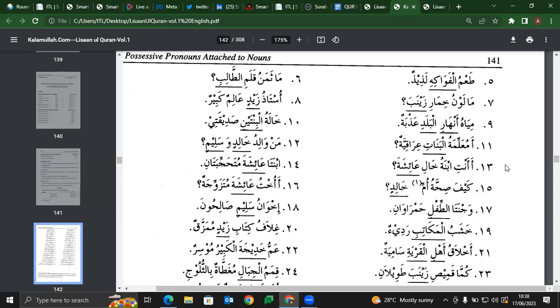So again here we have different mudaf ilayhi. Ibnatu is mudaf of khali, and khali is the mudaf ilayhi of ibnatu, and khali is mudaf of Aishata, and Aishata is mudaf ilayhi of khali. So it will be anti ibnatu khali khalika or khaliki.